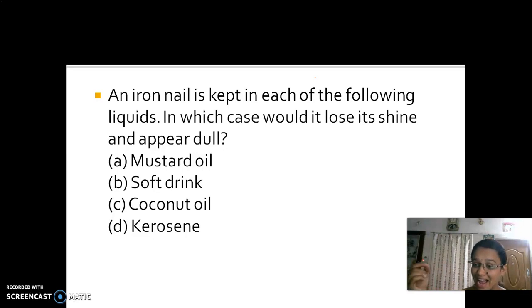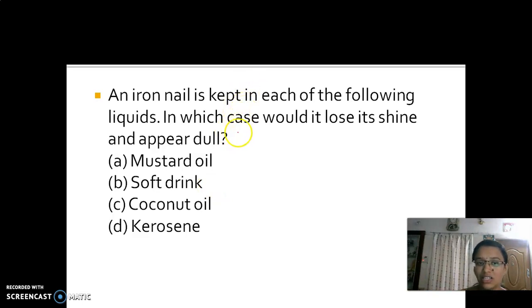In these four liquids we are putting an iron nail and observing.